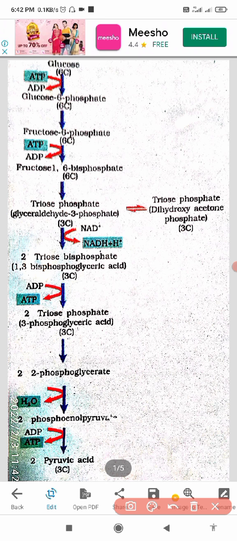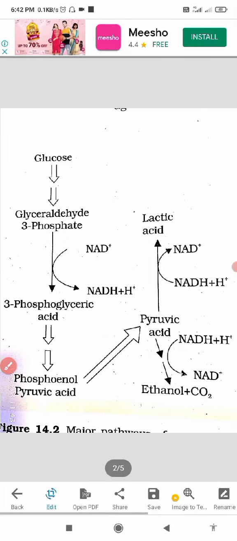Dear student, I am going on to the next step of respiration. If oxygen is not available, then what happens to this pyruvic acid? In human muscular cells, the action of NADH plus hydrogen ion changes it into lactic acid.